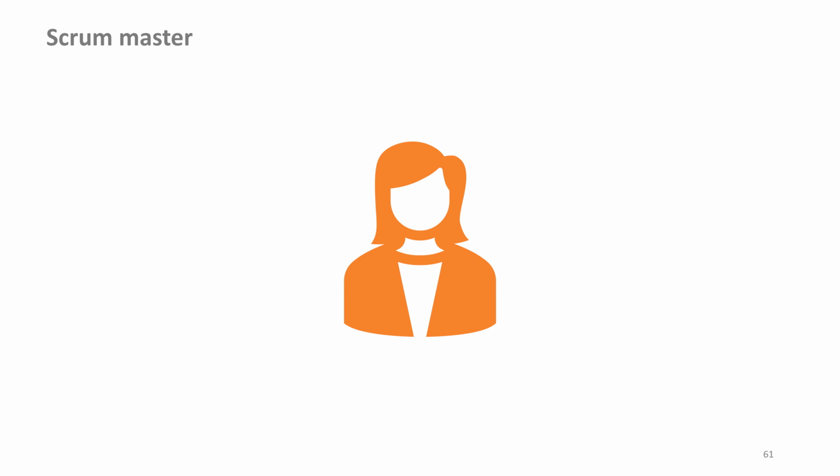In practice, it often happens that someone takes on a double role. That is, 50% of the time someone plays the Scrum Master and the other half he or she plays a developer role. This is often the case in practice.